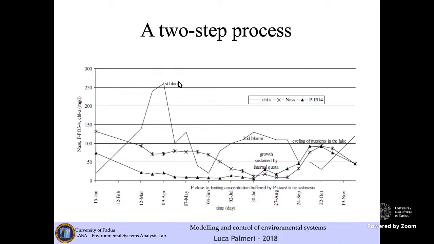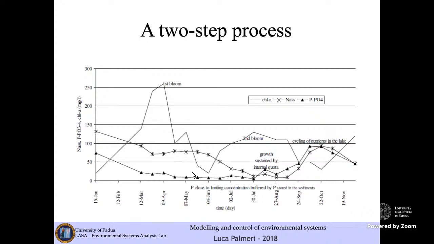After this first algal bloom, we have a large population of algae that continues to consume nitrogen and phosphorus, so they continue growing up to a maximum point, and then the algae start dying because the nutrients are becoming scarcer and scarcer.